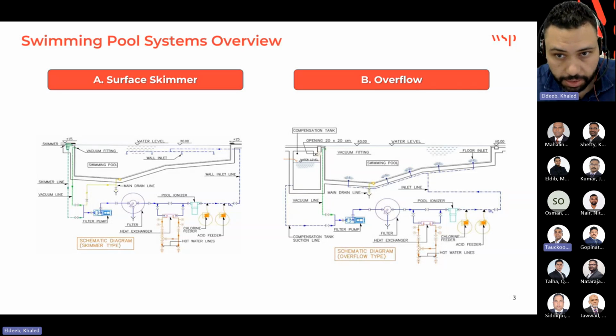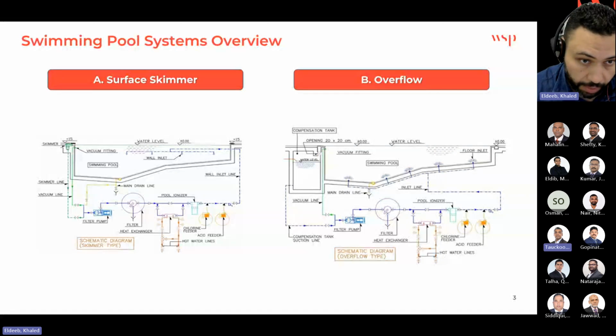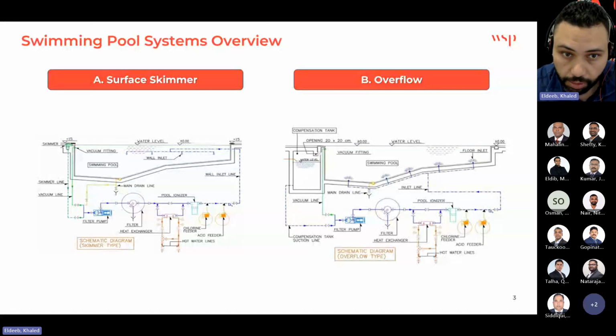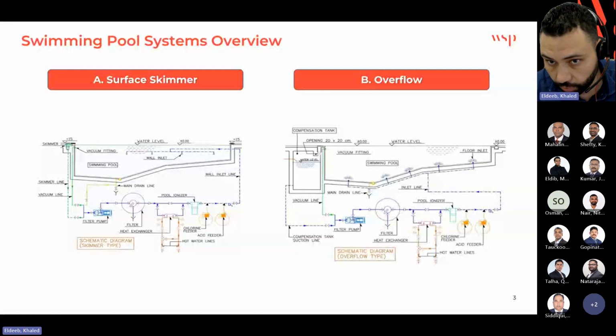In the last 4 sessions, we learned how to design a service skimmer system completely. We went through all components of the skimmer system and discussed every single component. We learned the function of all equipment, including swimming pool accessories such as vacuum points, inlets and outlets, skimmers, overflow gutters, and so on.